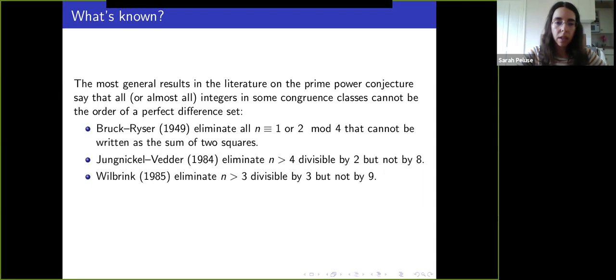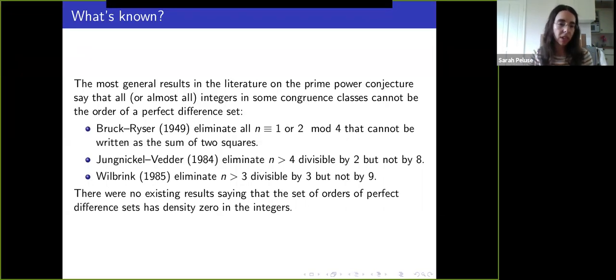And it's a big open question in the theory of perfect difference sets whether there exist any congruence obstructions mod other prime powers. Yes, prime powers above 9.